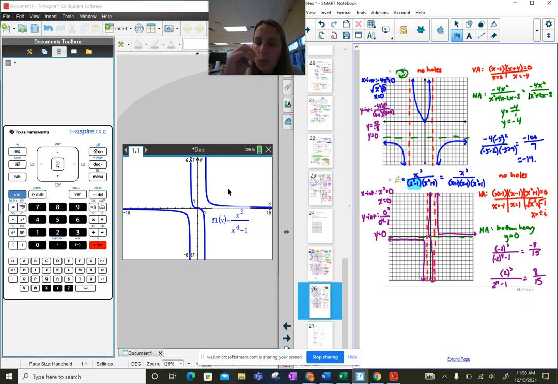Okay, so really the only times that you see this happen, where the function does cut through the asymptote, is generally when it's bottom heavy. Because I'm not exactly sure the reason why, but those are the only ones that I've seen that actually cut through the asymptote.